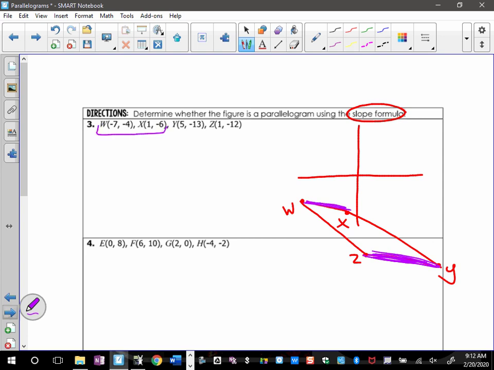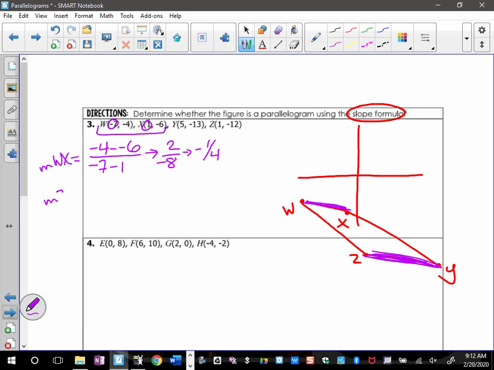So, WX, if I want to do slope, -4 minus -6 over -7 minus 1 would give me 2 over -8, which is -1/4. That is for WX.